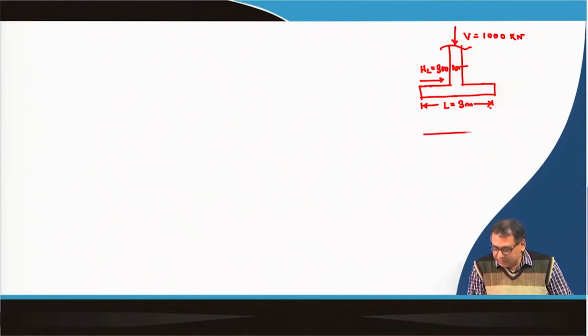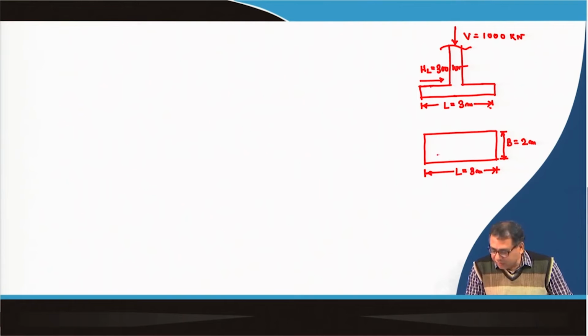So, if I go for the plan of the footing, this is the length direction L which is 3 meter, and this is the width direction B which is 2 meter. The horizontal load parallel to B, HB, is given equal to 0.